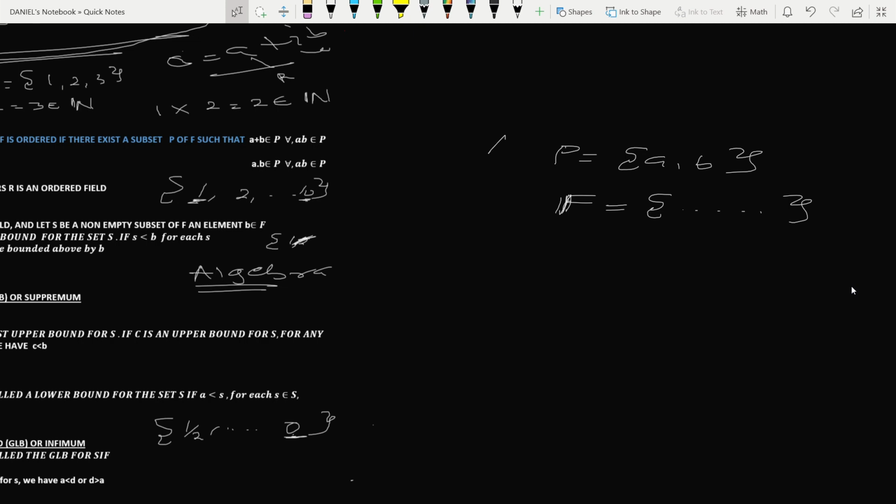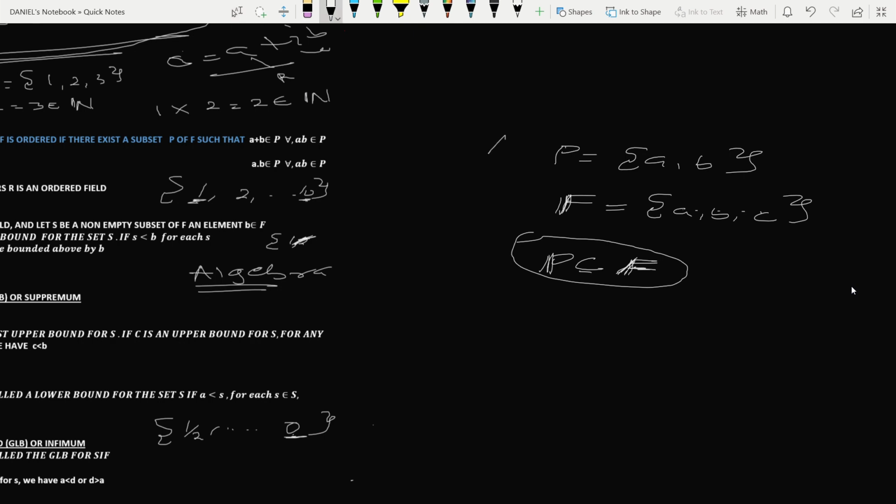The elements that we have in F are A, B, and C. You understand? So if that is the case, we can say that P is a subset of what? Of F. So this is what we refer to as an ordered field. You understand? So that is an ordered field.